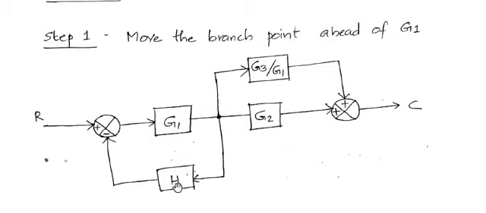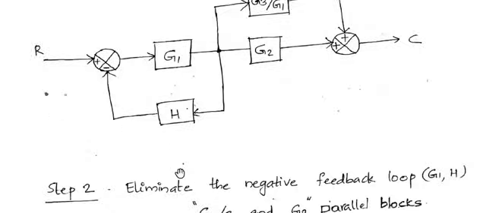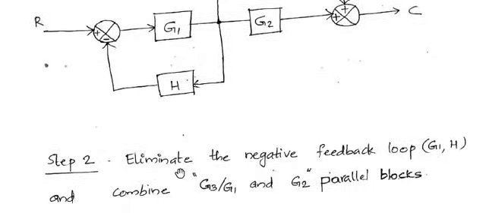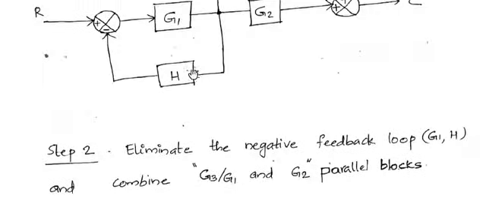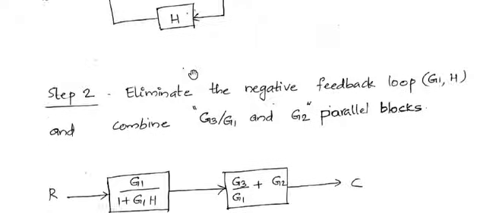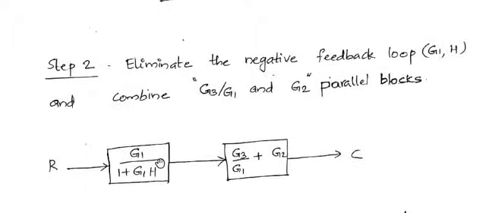When we eliminate this feedback loop, we have only a single block with a gain. What would be the gain of that single block? It would be G1 divided by 1 plus G1H. See this one, G1 by 1 plus G1H.